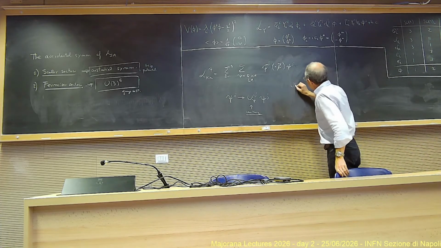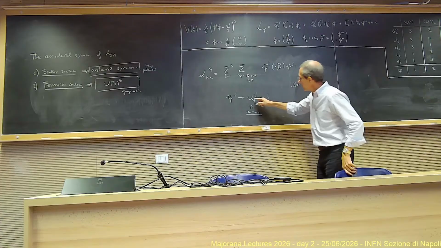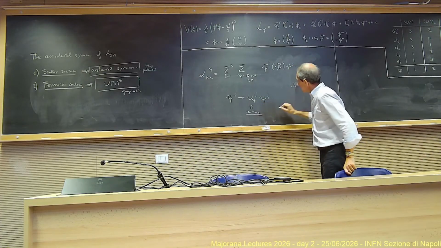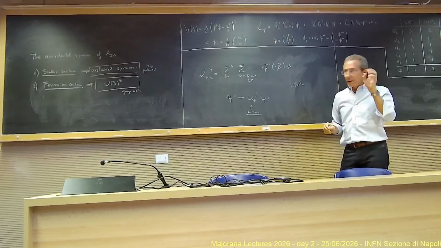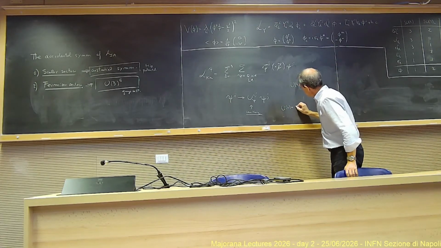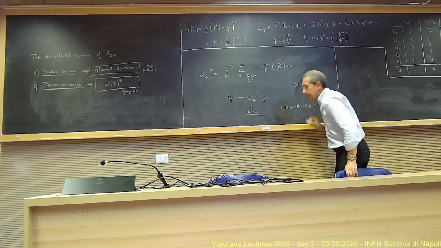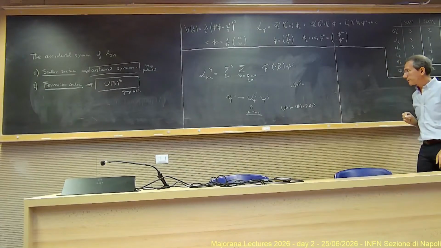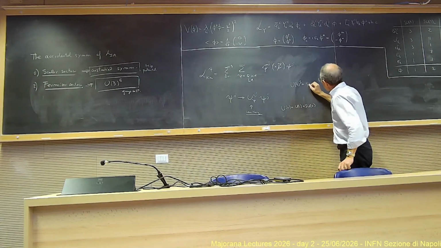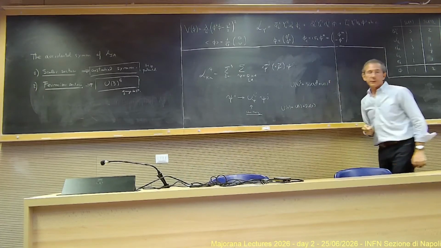This U(3) we can recast the following way. Actually, we can remove the global phase. Any U(N) matrix can be written as a U(1) factor times a special transformation SU(N). So this is SU(3) to the fifth times U(1) to the fifth.